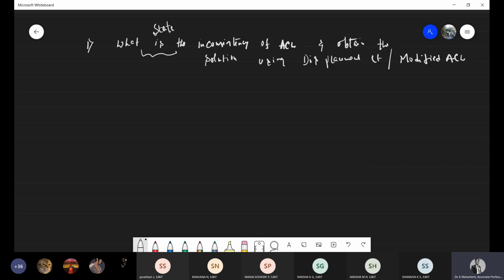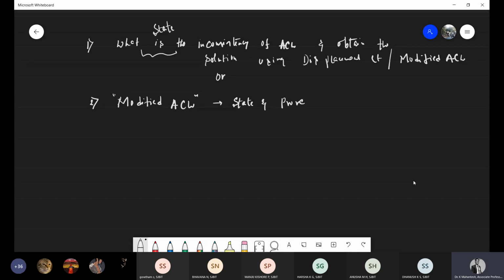This is one way of asking this question, or the same question in simple statement: obtain modified Ampere circuital law. That's a simple statement. Modified Ampere circuital law, state and prove. Okay, state and prove modified Ampere circuital law. Both are one and the same.